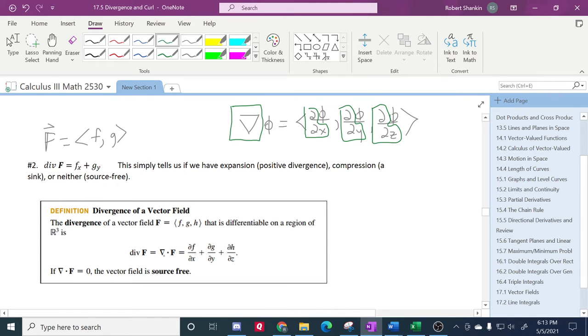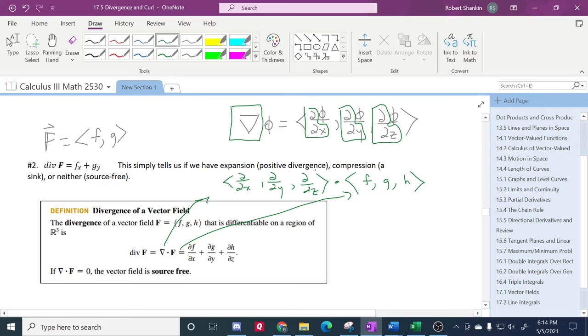So in this sense, we're using this del to mean this: partial with respect to x, partial with respect to y, partial with respect to z. Now, if you don't have the partial of what you're taking, this doesn't make any sense. But this is kind of a handy notation when you dot this with this f, which is f, g, h.